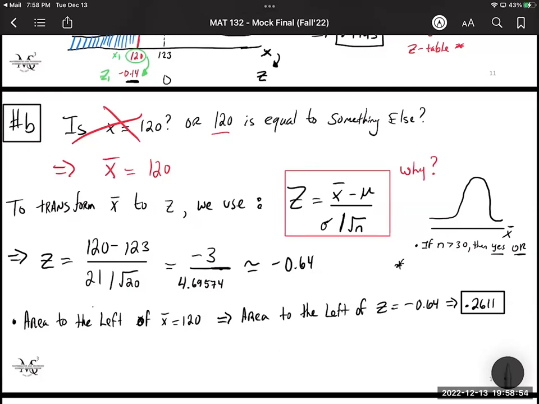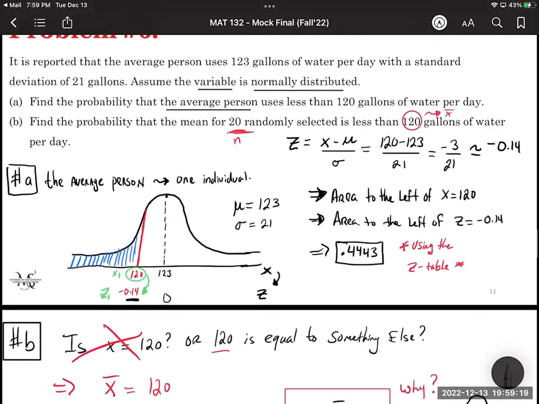But there's also a second condition. The second condition says if n is less than 30, then the original data must be normal. Okay, the original data must be normal. And if you look back at this problem, did it say that the variable or the original data is normal?